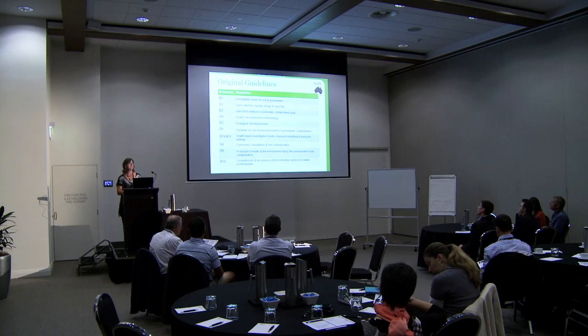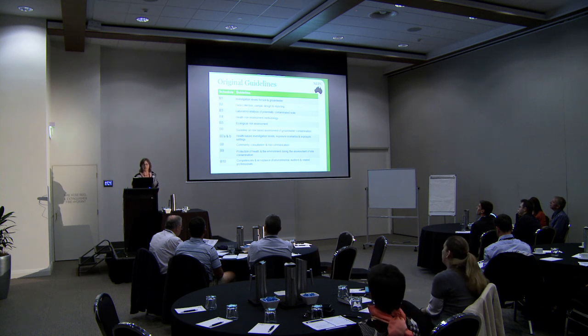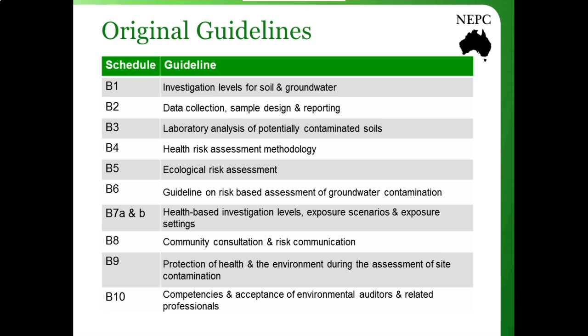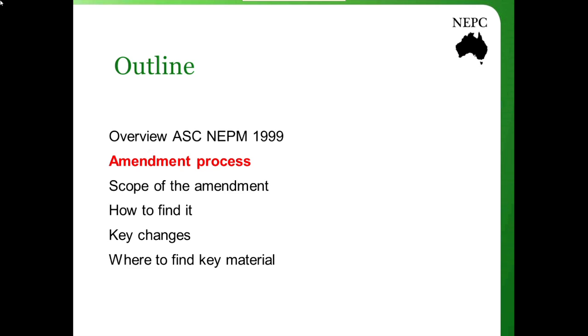These are the 10 guidelines that you know and love, or know and hate, perhaps. Updates have been carried out to all of them, and I'll put up the list of the new guidelines in a moment. As you can see, there are 10 guidelines. There are 9 in the updated version.